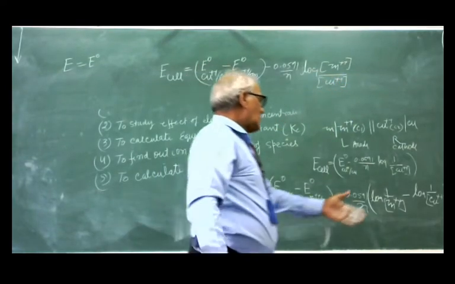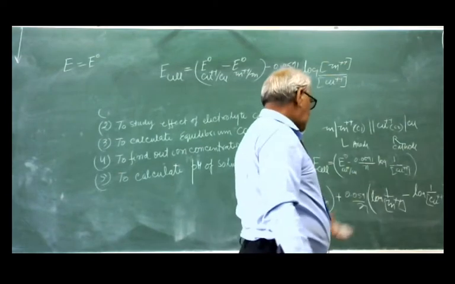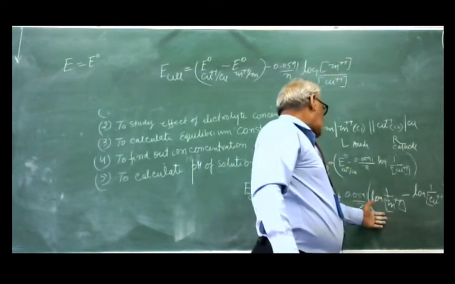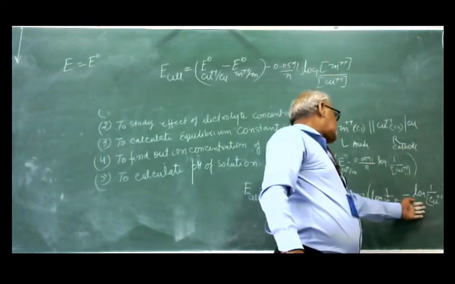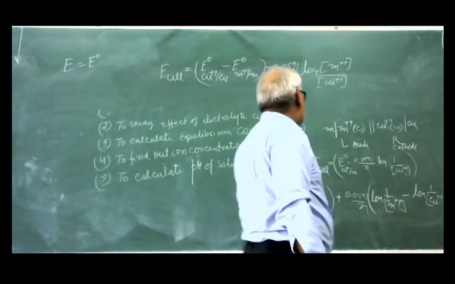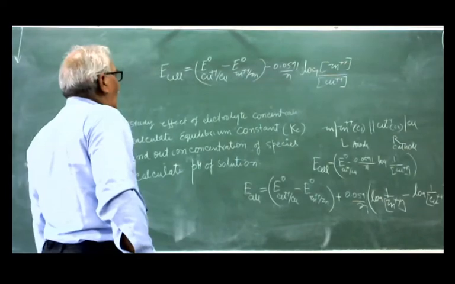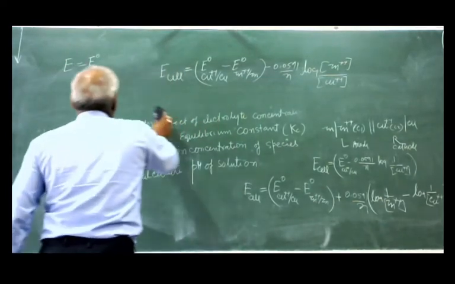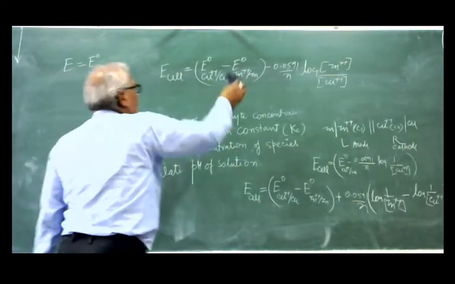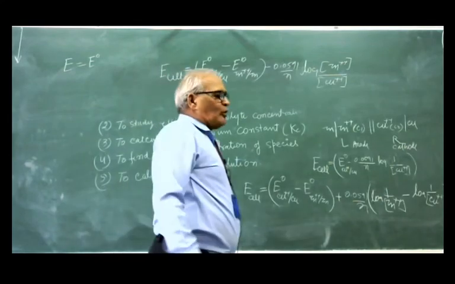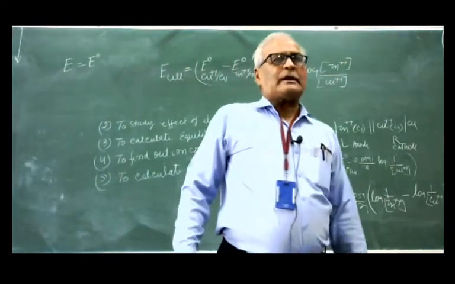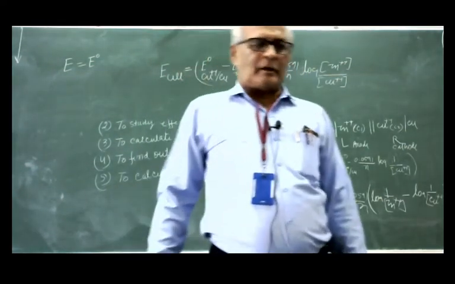Just see, this is the zinc ion, this is the minus. So you will get like this. So this relation can help you to calculate the EMF of the cell.